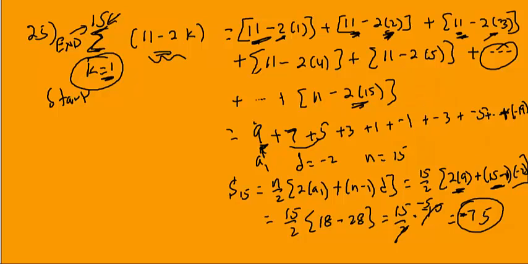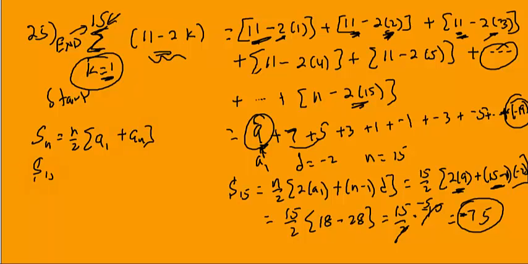So, once you get a couple of these, you can use this formula, or you can use the second formula, because we know what my first term is, and we know what my last term is. So let's use that formula too, and see if we get the same answer. S sub n is equal to n over 2, all that times the first term plus the last term.